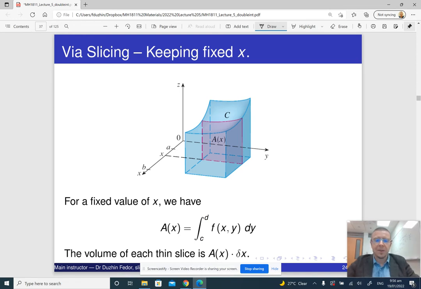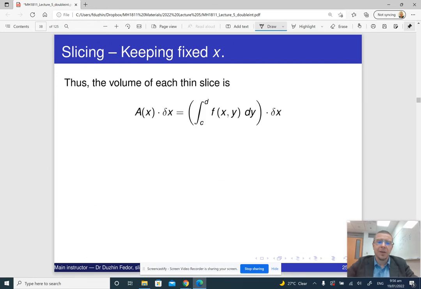Right? So that's the idea. At the same time, we can express the area of such a slice as a single integral with respect to y. And this is what's going on here, right?